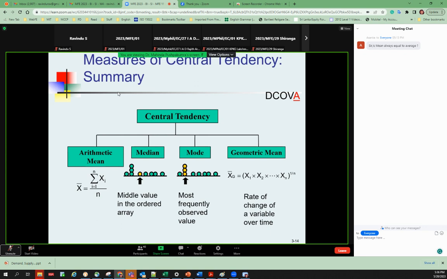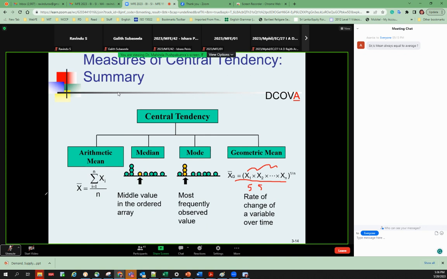Yes, for the geometric mean, we use this formula. If all the values are equal, the geometric mean and arithmetic mean are equal. As I explained, let's say we have two observations, 5 and 5.